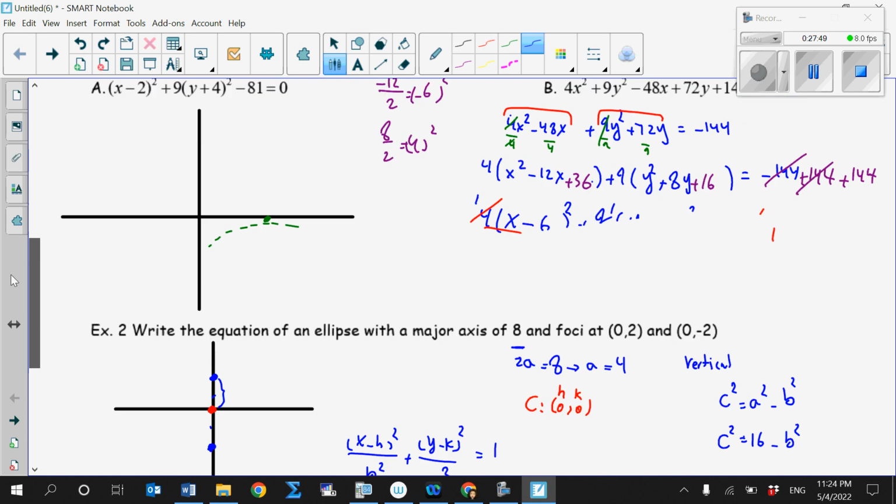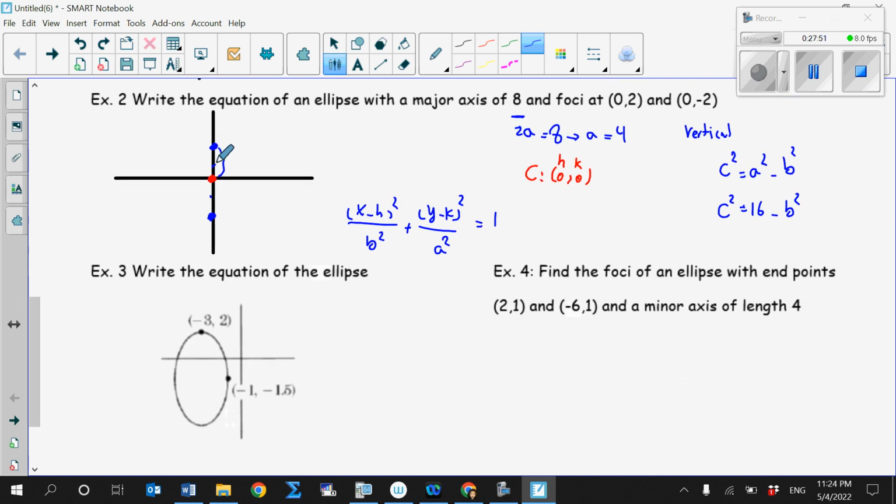So the c value is 2 here. So I'm going to write c equal to 2. 2 squared is 4, equal to 16 minus b squared. And from here, b squared will be 12. So b will be radical 12.